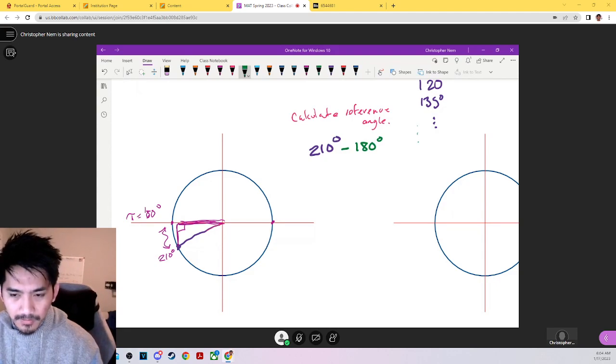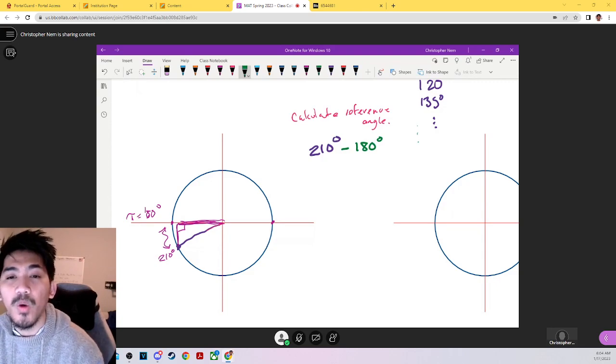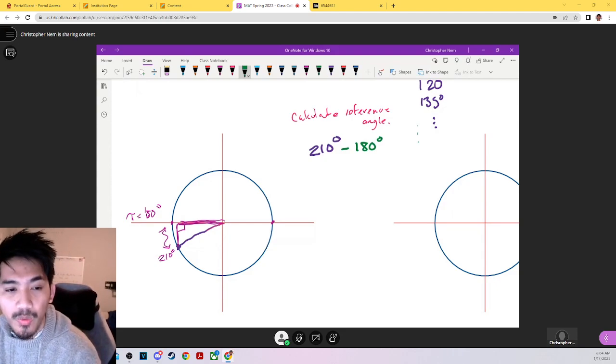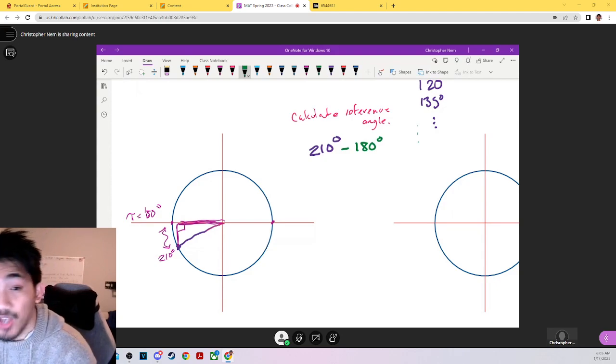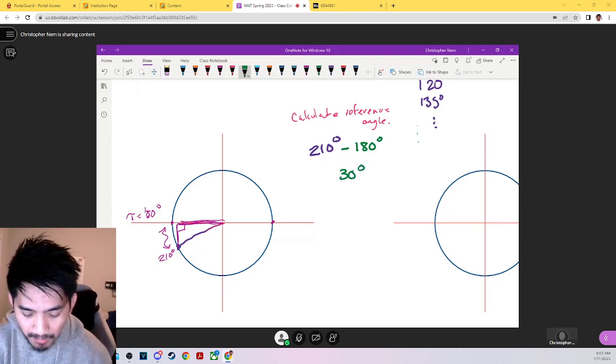Now, as a rule of thumb, you are not always subtracting 180 degrees. Sometimes you are doing 180 degrees minus your angle measurement. Sometimes it's reversed. You have to draw your right triangle and see what operation you need to use, or in what order the subtraction has to happen. So if I subtract this, I get 30 degrees. That is my reference angle.